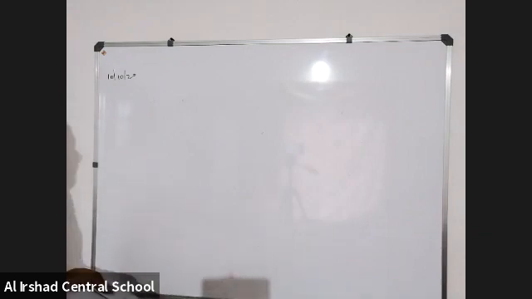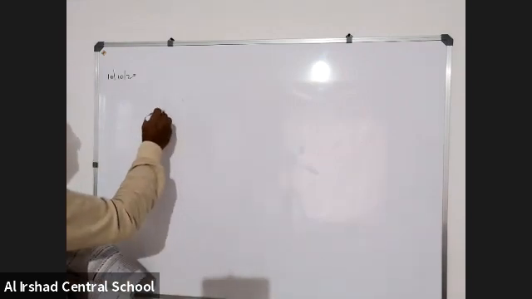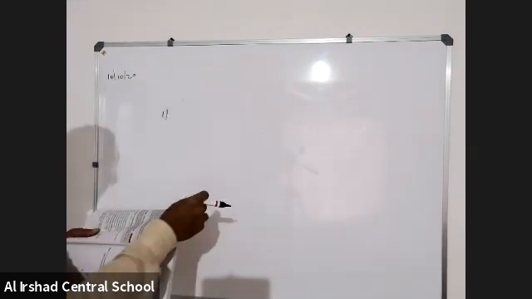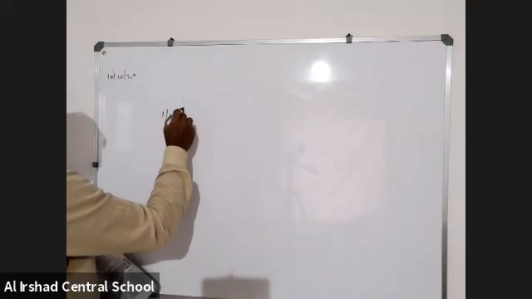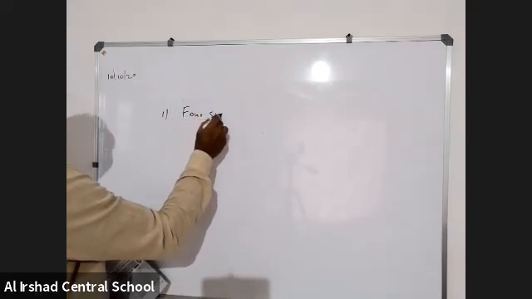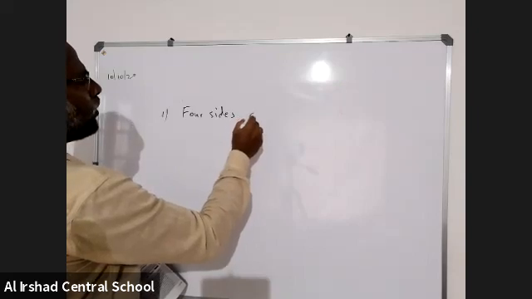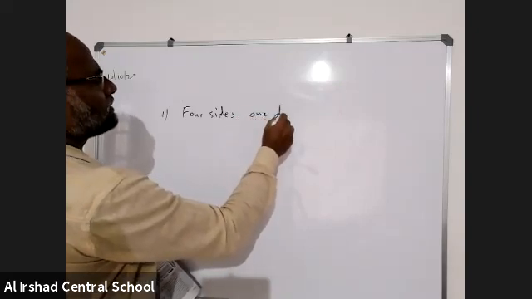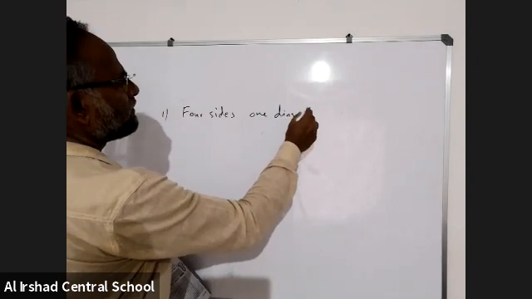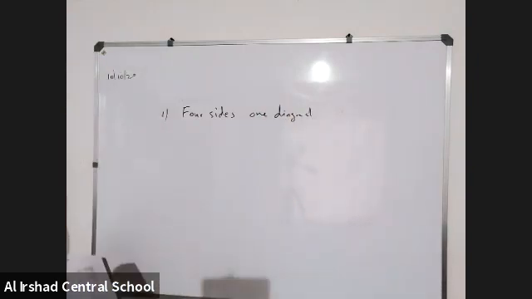1, 2, 3, 4, 5 types of construction. Don't worry about that. That is easy. First one, when 4 sides and 1 diagonal are given. All of you write it.